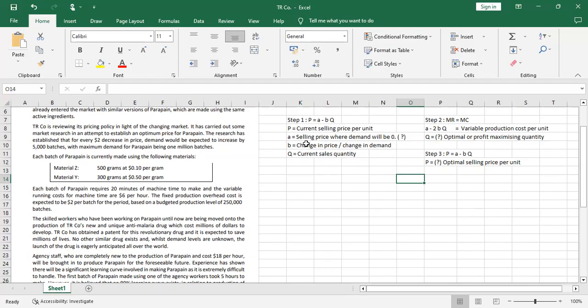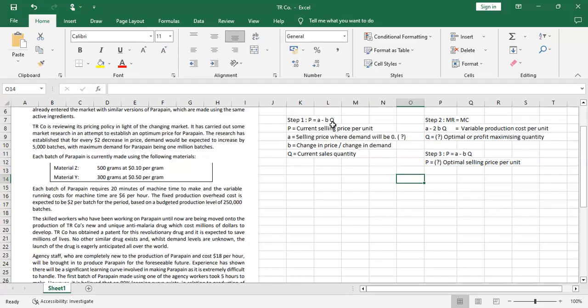Apart from A, we will see what is the maximum price, what is the current price, and what is the current quantity. I told you if current price or current quantity is missing in the question, it means this value is denoted by 0.